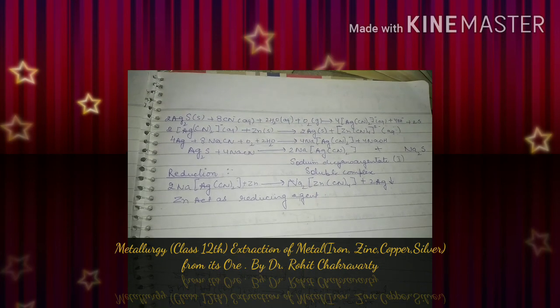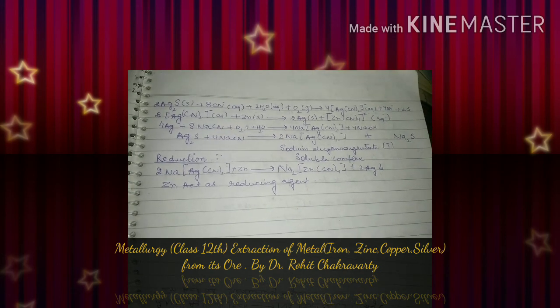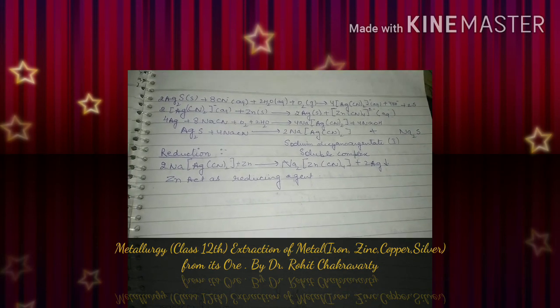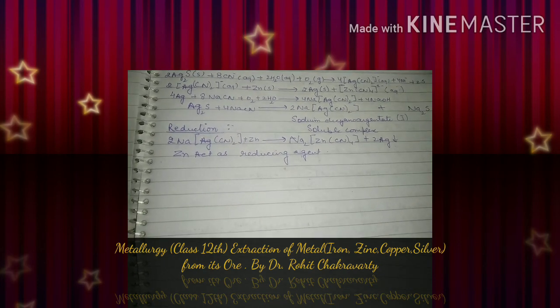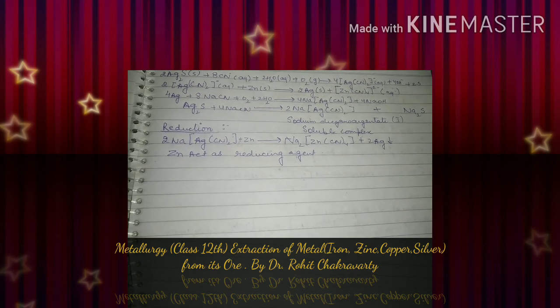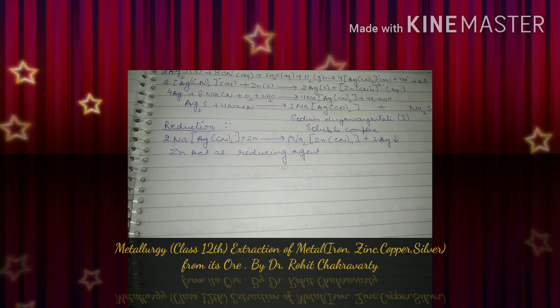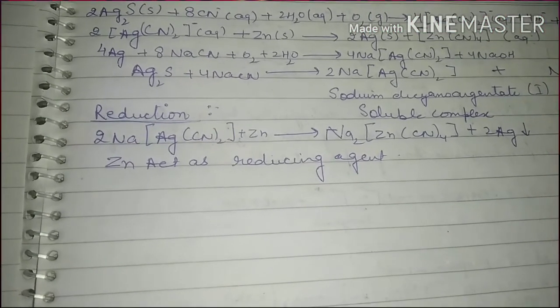So the silver sulfide ore reacts with sodium cyanide, resulting in the formation of a complex, and sodium sulfide gets separated. Then at the reduction, this complex gets reduced with zinc, resulting in the formation of pure silver metal, and the complex gets separated. So this is all about the extraction of the different metals.